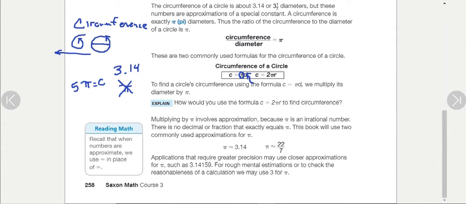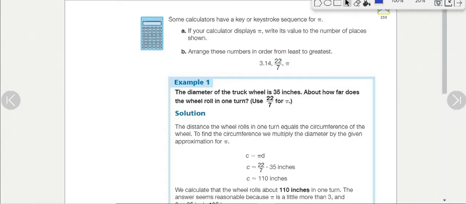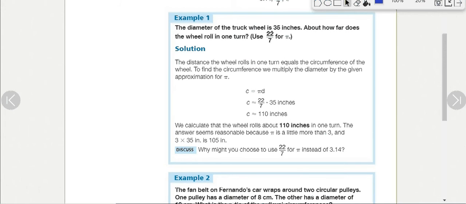Another thing that's true is 22 divided by 7 is also a way of showing pi, and that can be useful sometimes as well because, yes, it's an improper fraction and it doesn't look very finished, but it's interesting to note that if you test it out, 22 divided by 7 is the value of pi. So in example 1, if they tell you the diameter of a wheel and they want to know how far it rolls in one turn, then that means 35 pi, diameter times pi, 35 times 22 over 7.